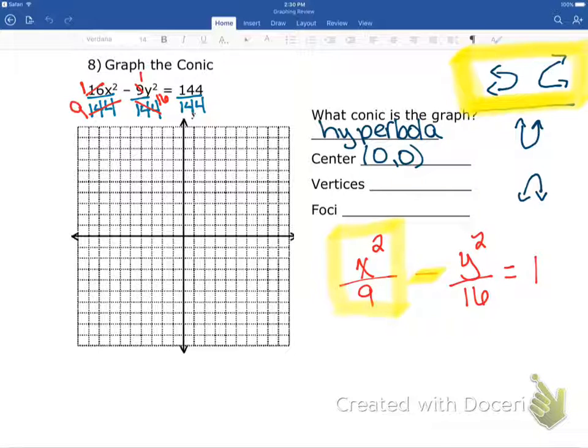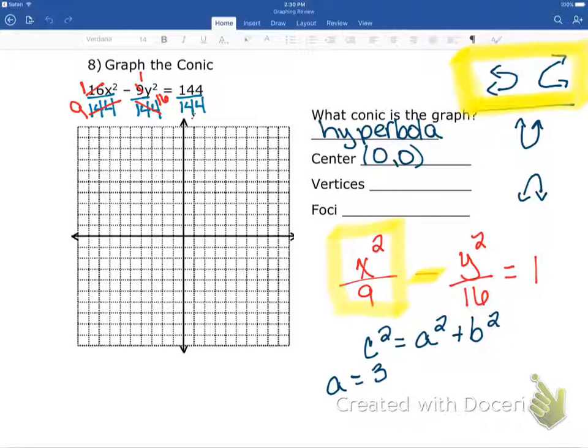So I am going to now identify my a, my b, and my c. Because we're talking about a hyperbola, we're going to use the formula c squared equals a squared plus b squared. And we've got our a and our b. Because it's x squared over 9, the square root of 9 is our a value. So our a value is going to be 3. Because we have minus, that's what makes it a hyperbola.